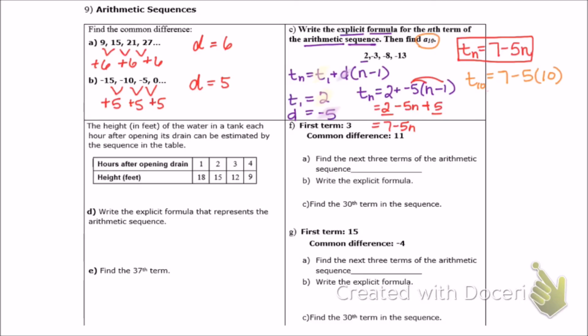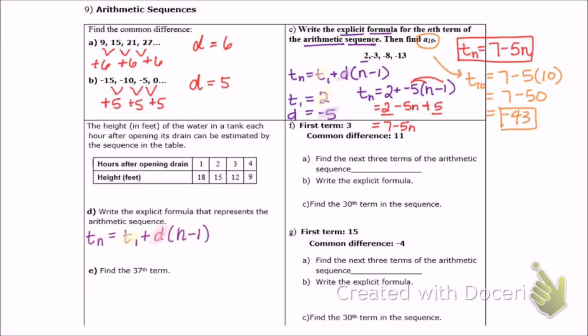Solving this, 7 minus 5 times 10, which is 50, 7 minus 50 is equal to -43. So if this pattern continues, our 10th term is -43. So we found both parts of this problem.